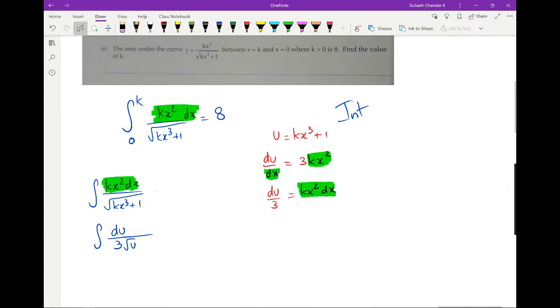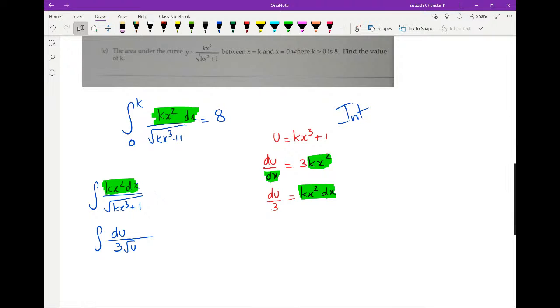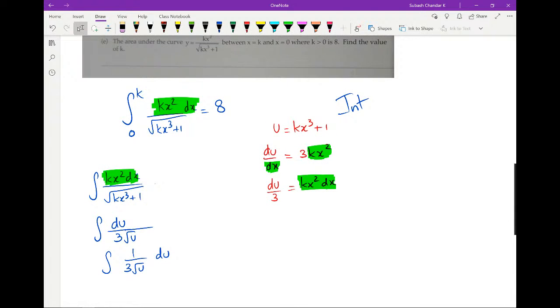Cool. So what we have is a very nice, simple function in u that we need to integrate. I'm going to write this as 1 over 3 u to the power of half du. Now bring u to the numerator before doing anything.